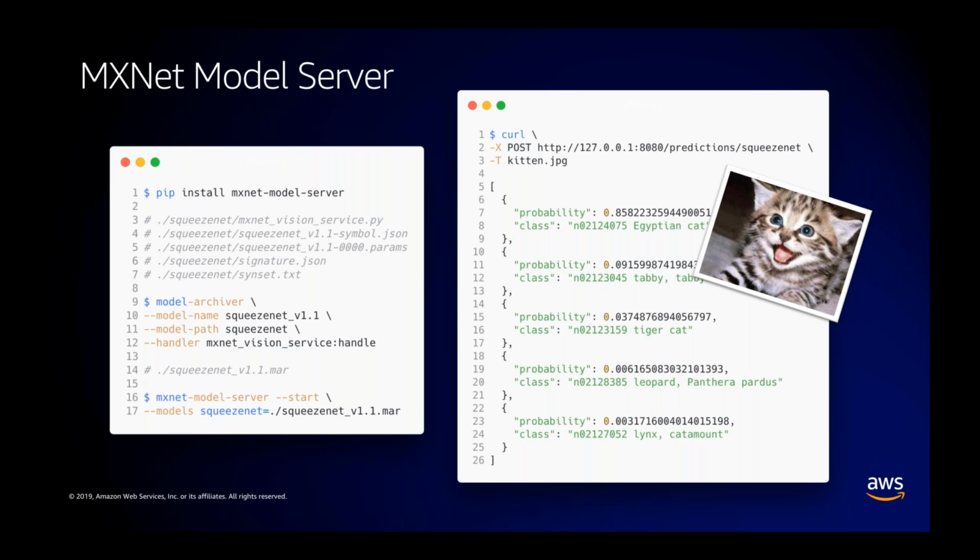So it's going to create an endpoint by default at /predictions/SqueezeNet, because that was what our model was called. And we can pass an image, in this case, to that endpoint and get back our predictions. And here we've got the classes of this particular image.